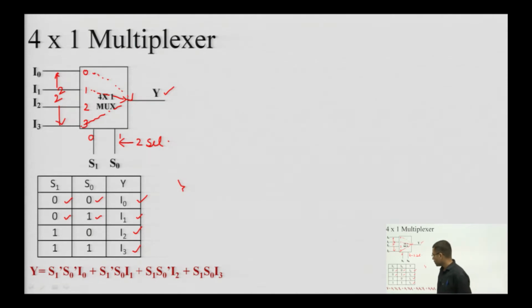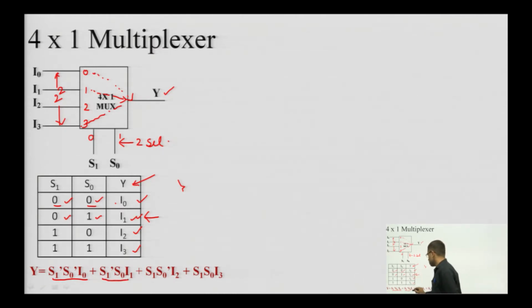Now, if you want to write the expression for the multiplexer output Y, for the first row S 1 is equal to 0 and S naught is equal to 0, so the product term is S 1 bar, S naught bar into I naught. Similarly, for the second row, S 1 is equal to 0, S naught is equal to 1, that means S 1 bar, S naught into I 1.